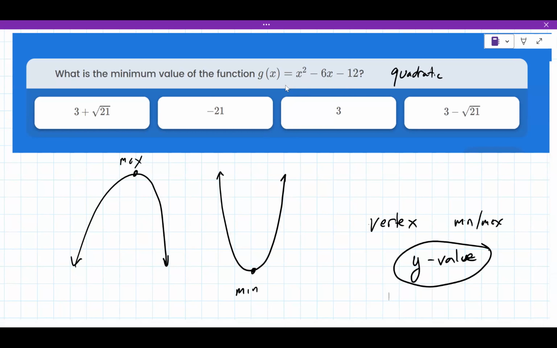Okay, so I graphed it and now I just gotta look at the points to see what it is.